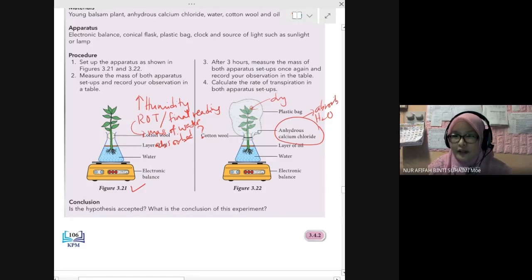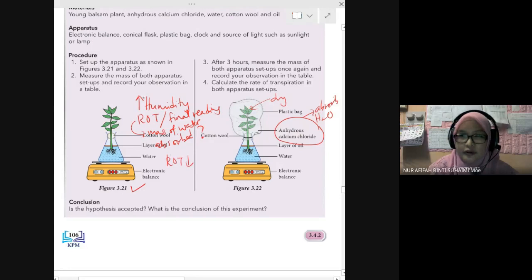Take a human example. You are on the field compared to inside the classroom. Inside the classroom, humidity increases. On the field, it is hot. So in which situation do you feel like drinking water, on the field or in the classroom? With humidity increase, on the field will make you feel thirsty, right? So the same goes for this plant. Humidity increase, the rate of transpiration will decrease.